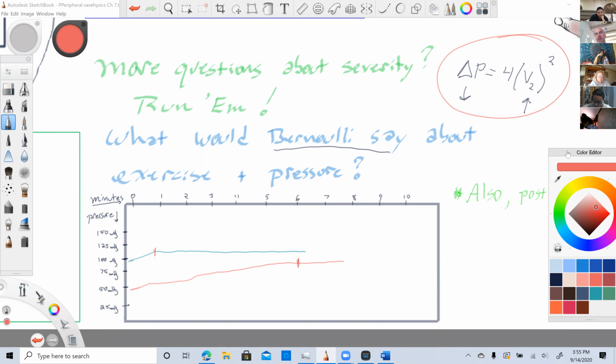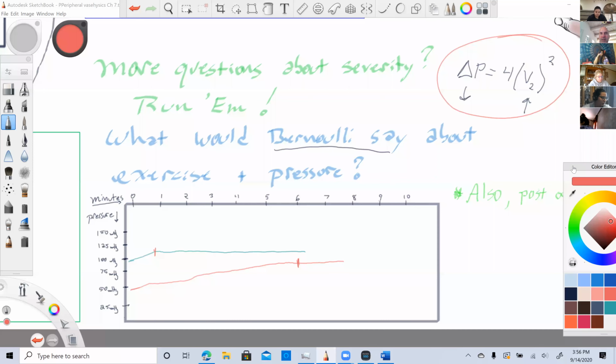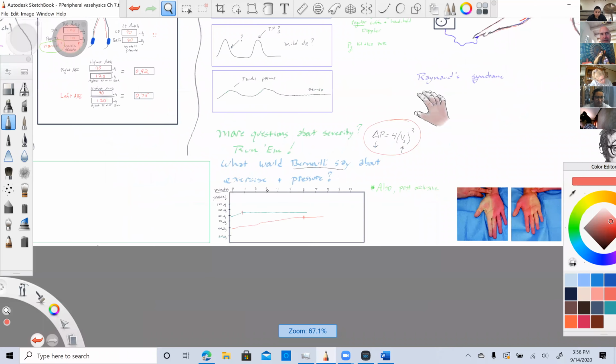Now the leg's really screaming for oxygen. And you could do the same thing and see how long it takes before the leg normalizes again. Generally, people are not doing post-occlusive anymore because it's really quite painful to the patient. Those were the days, though. No, I actually never did it.